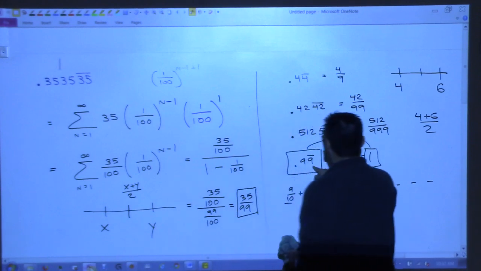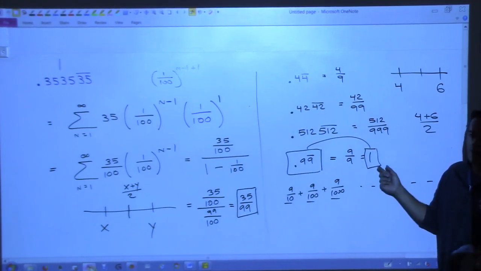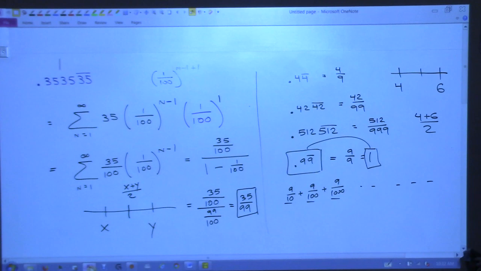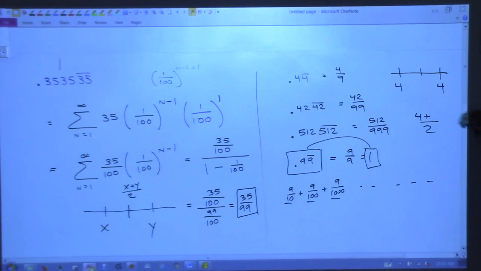If you take these two numbers, and you say they're different, and try and add them and average them, what are you going to get? So think about it. If I say, hey, what's the number between 4 and 4? Then what would you do? You would add 4 and 4 together and divide by 2, and you would get what? 4, right?